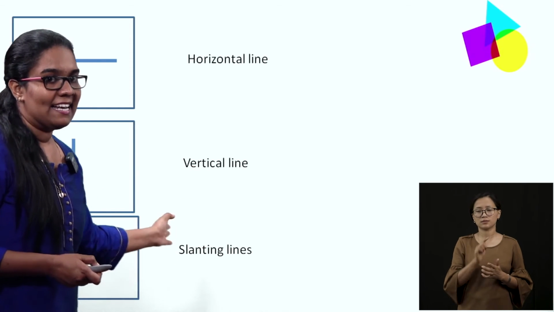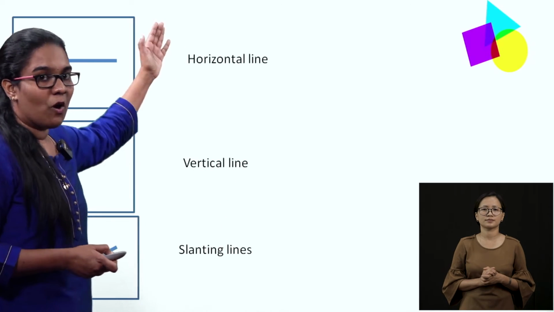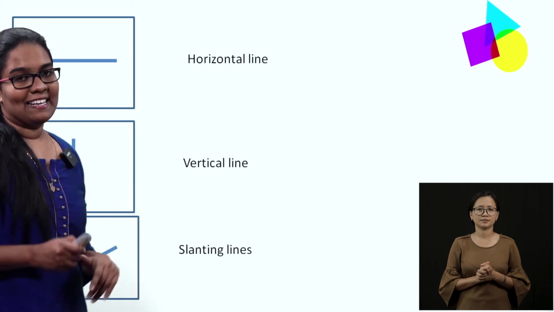V-E-R-T-I-C-A-L, vertical. S-L-A-N-T-I-N-G, slanting. Horizontal, vertical, slanting. Okay, understood?